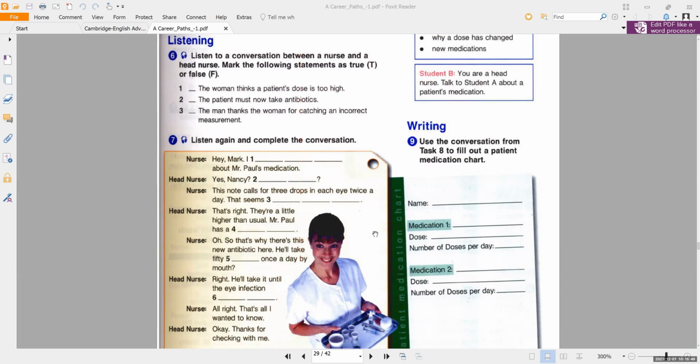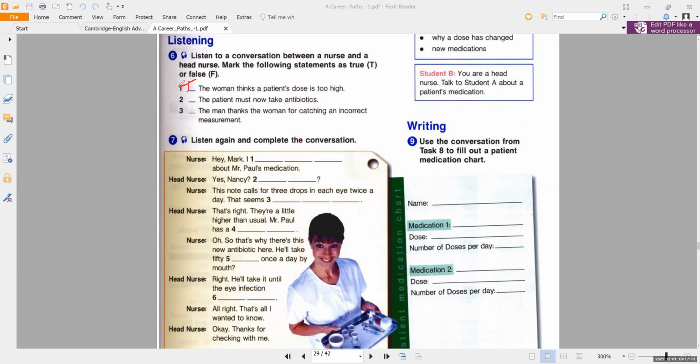Okay, so number 1, the head nurse thinks a patient's dose is too high. Yes, this is true. Number 2, the patient must now take antibiotics.